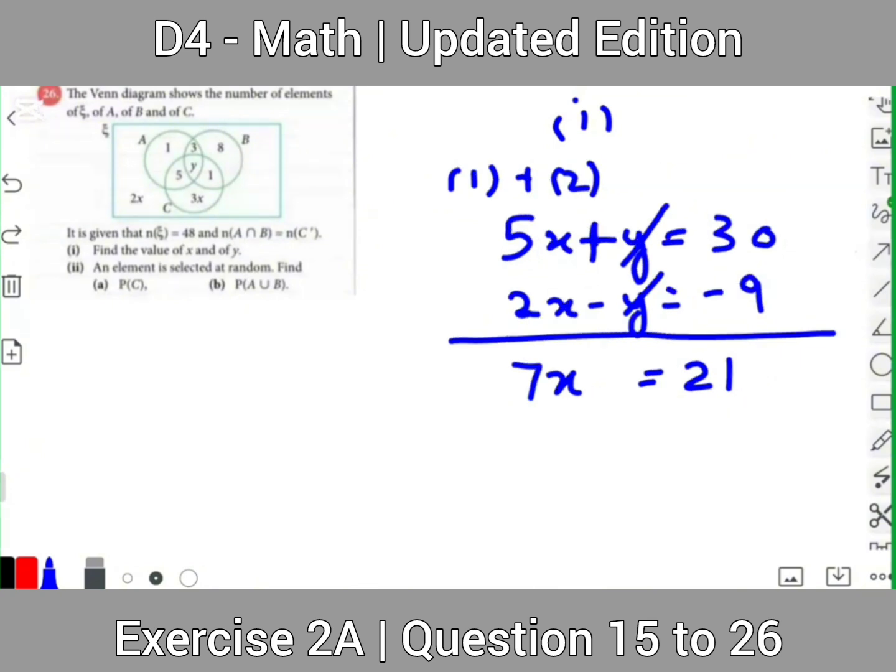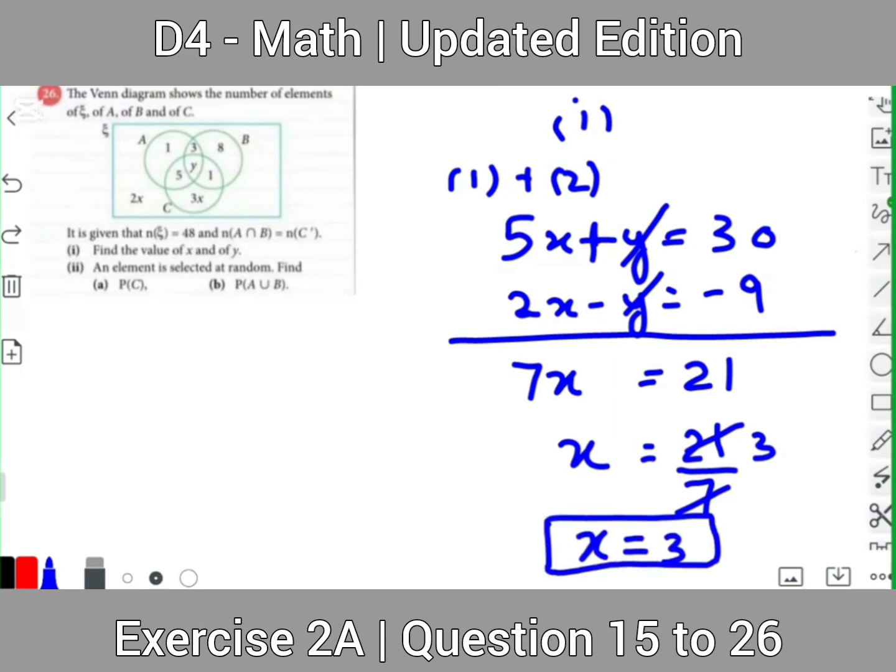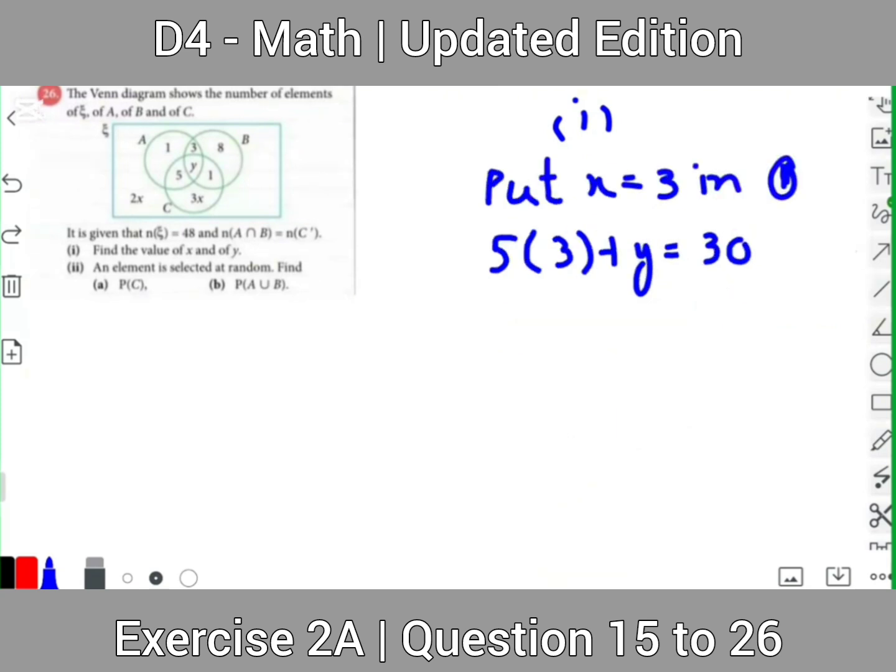We add equations 1 and 2, and we get 7x equals 21. And this 7, when it goes to the other side, will divide the 21, and it will give us 3. So the value of x is equal to 3. Now put this value of x in equation 1. So 5 into 3 plus y is equal to 30, and it will become 15 plus y equals 30.